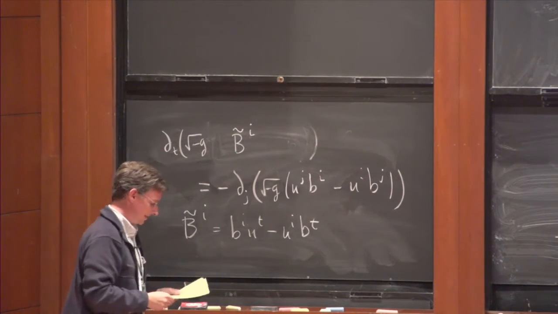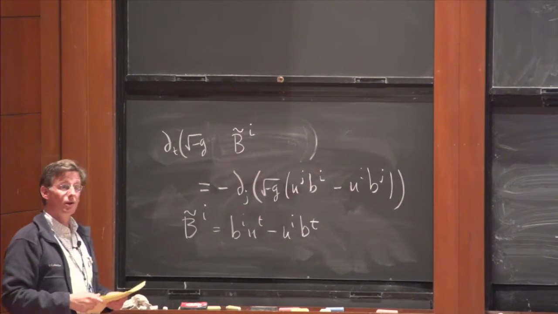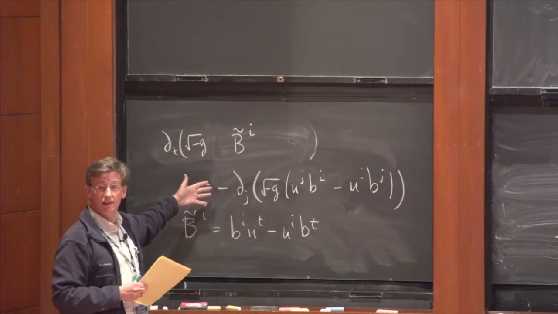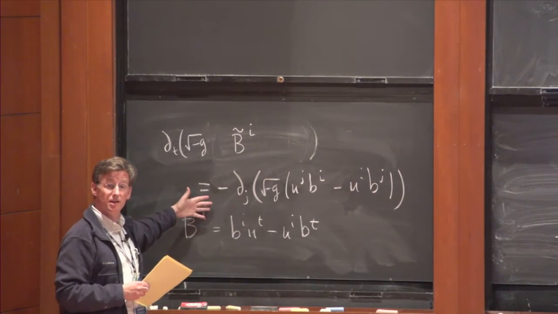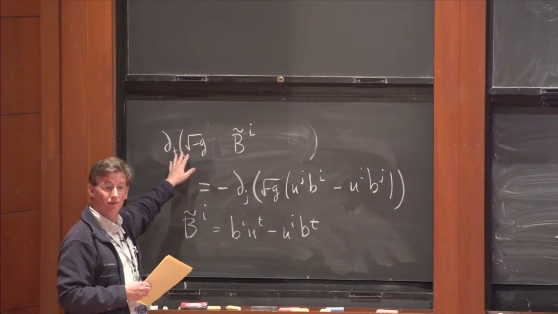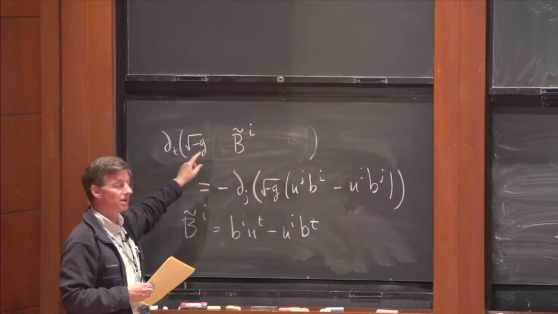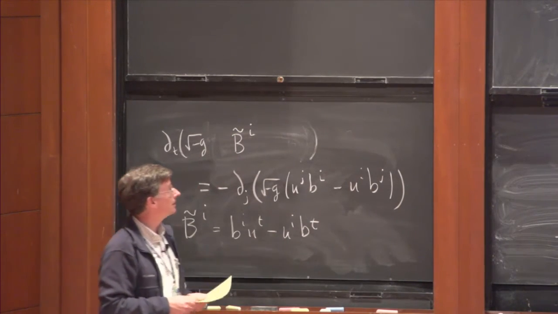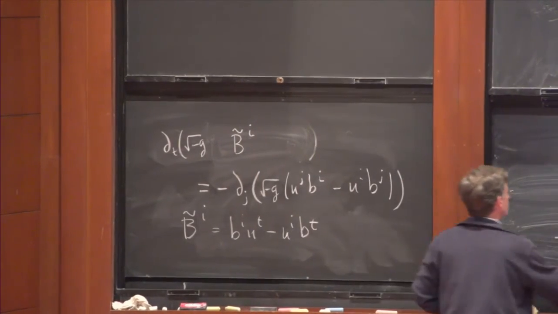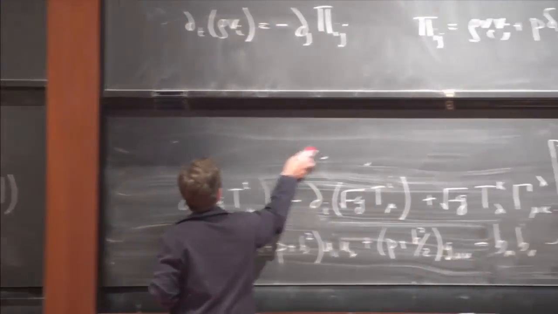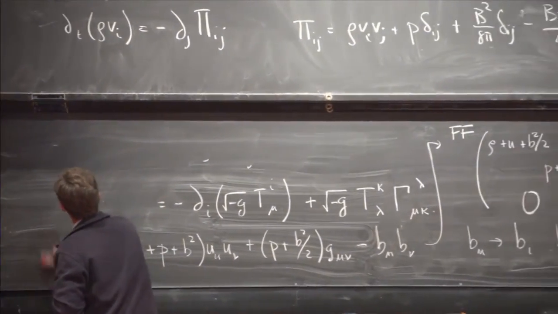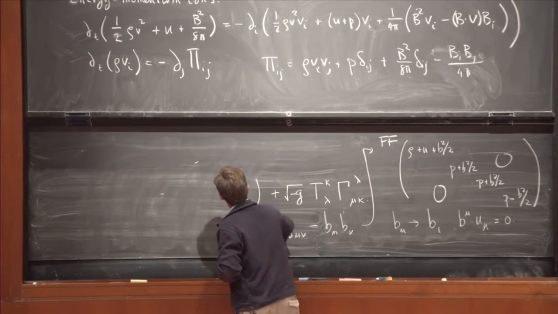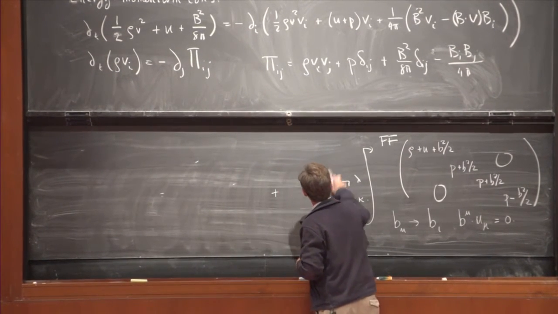All right, so you'll see that this gives us 3 equations, one for each of the spatial components i equal to 1, 2, 3, x, y, z, or r, theta, phi. There's a fourth component, the time component of the equation, which reduces to the no monopoles constraint.